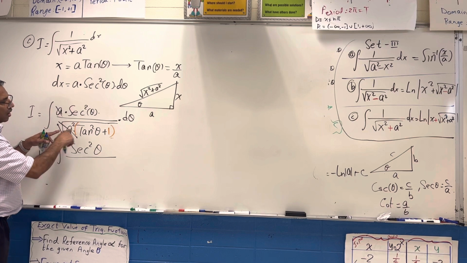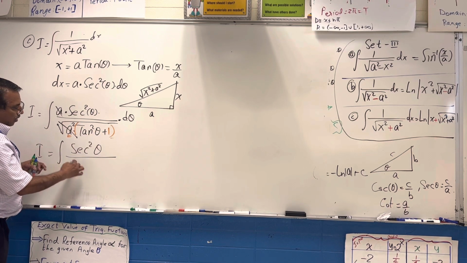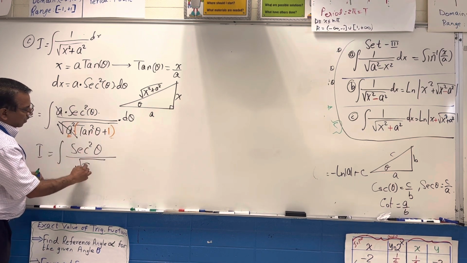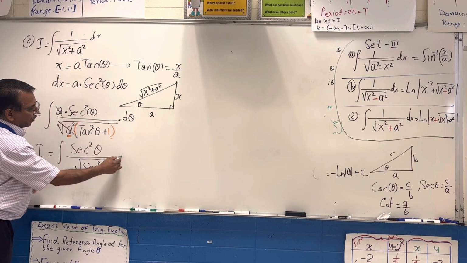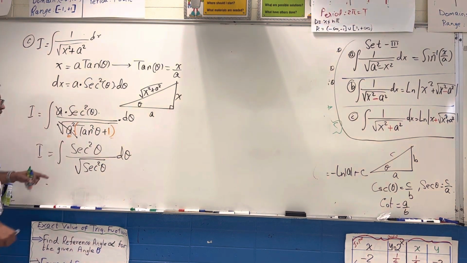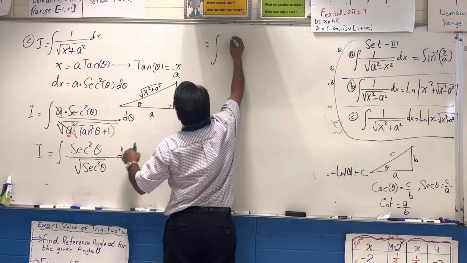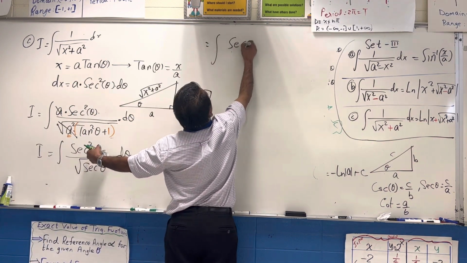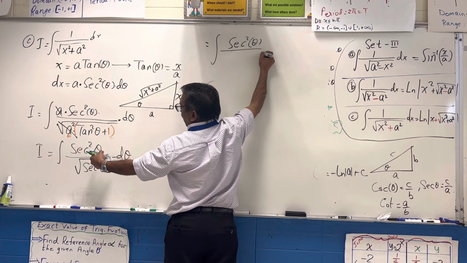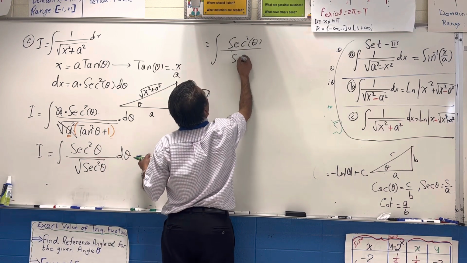I haven't done anything here. It's like 1 plus tan squared is secant squared theta. And this is the same as the integral of secant squared theta divided by secant theta.